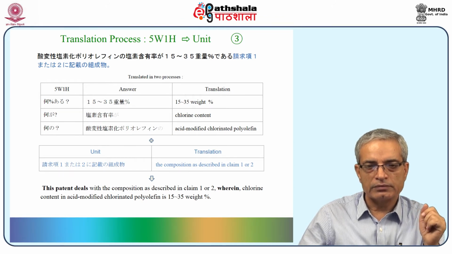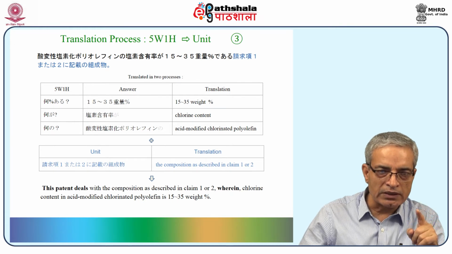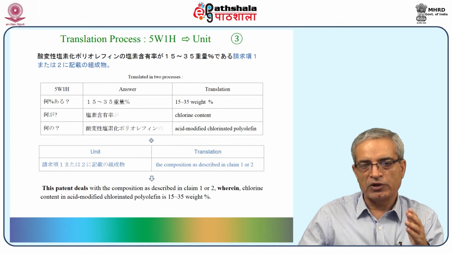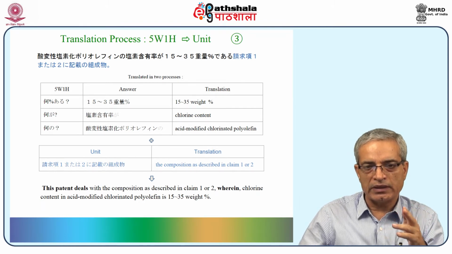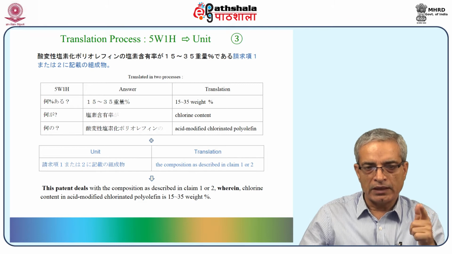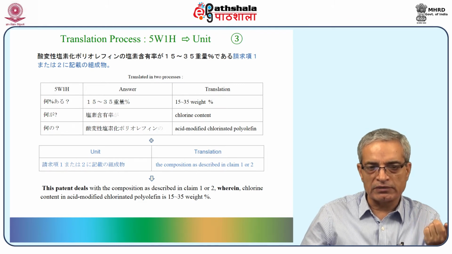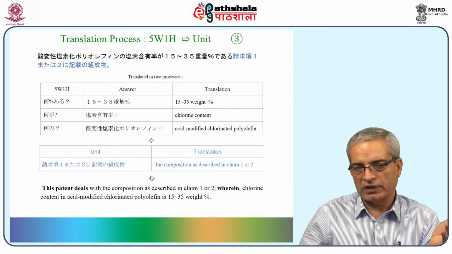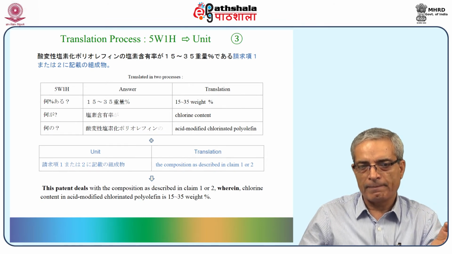Okay, I'll read san hense ensoka polyolefin no. So it's acid modified chlorinated polyolefin. Chlorine content is one, 15 to 35 weight percent is another one, and the unit remains seikyu matawa ni kisai no sosebutsu. Not so different from what we have done in the previous one. The composition as described in claim 1 or 2.